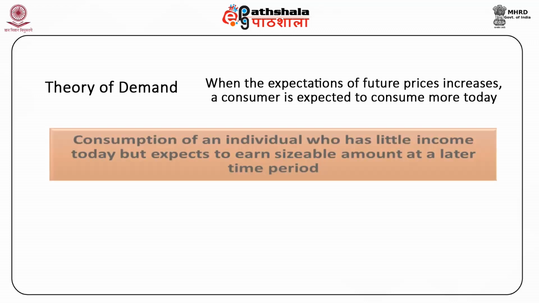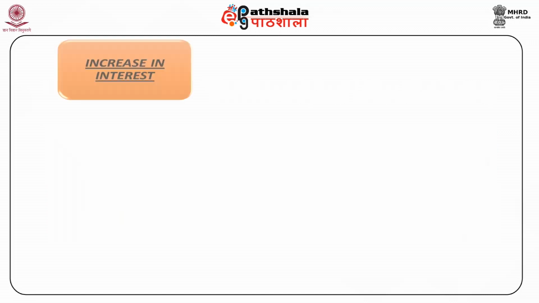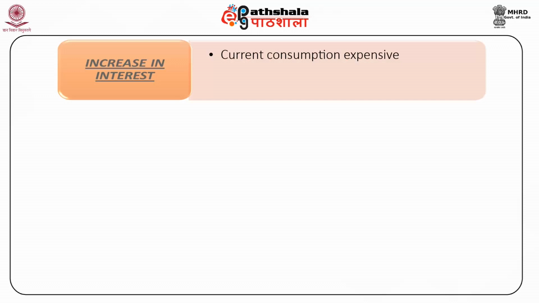The consumption of an individual who has little income today but expects to earn a sizable amount at a later time period is expected to be more relative to a person who does not expect to earn high in the future as well. An increase in interest rates makes current consumption expensive, thereby reducing current consumption expenditure.